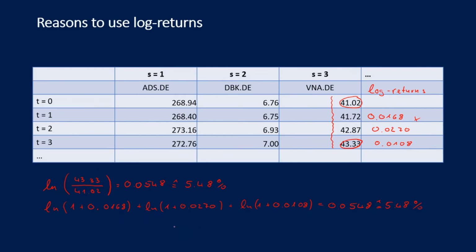So what can we learn from this? Here we have plus signs, so we can simply add up those log returns to achieve a longer period of time.